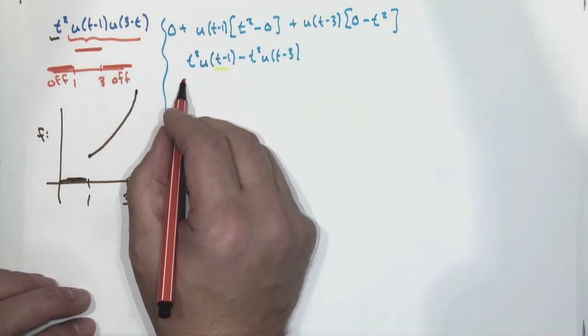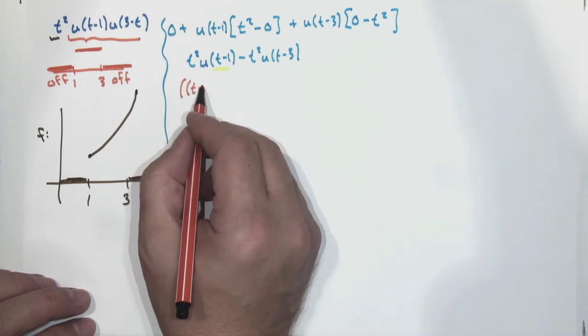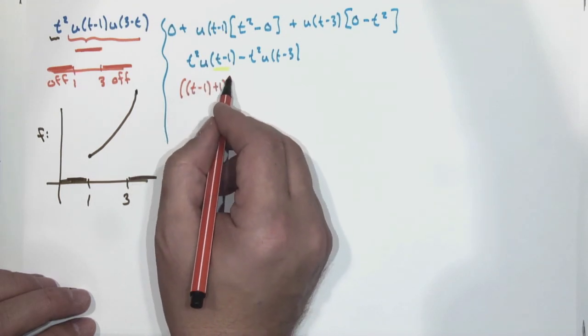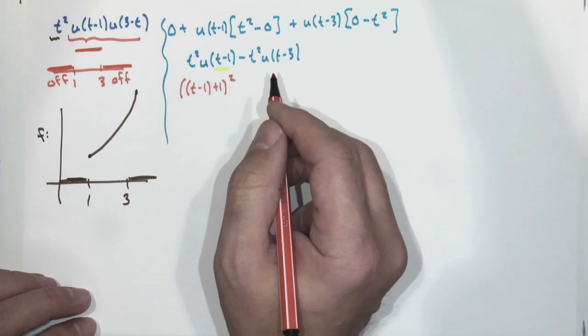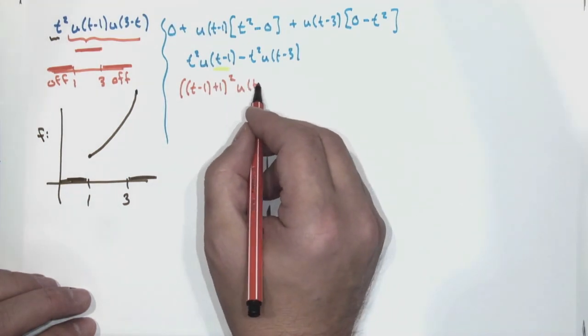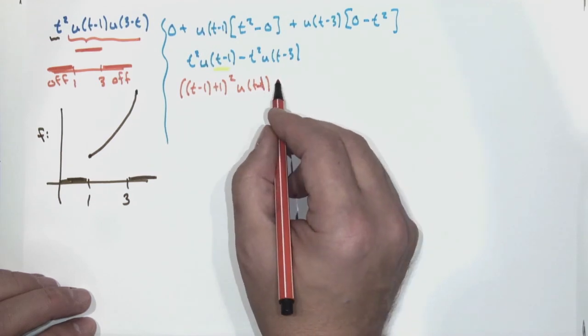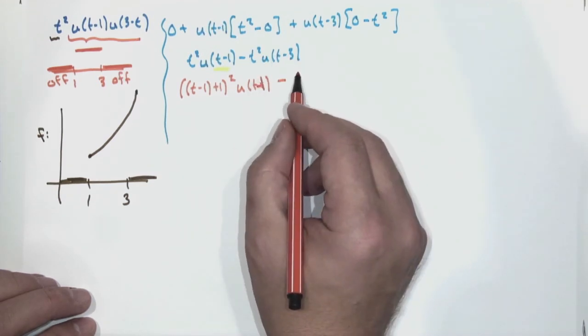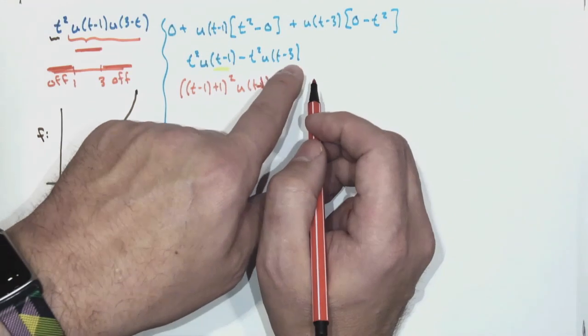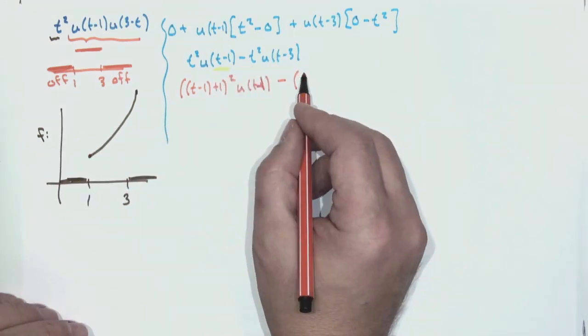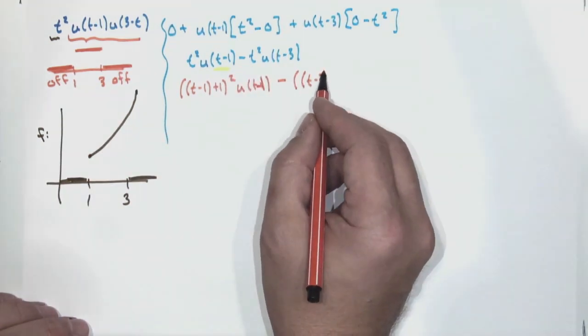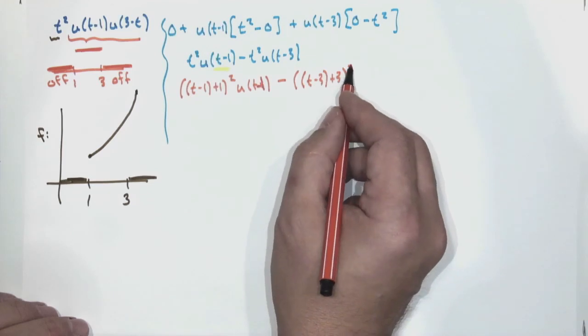Well, t squared is also the same as t minus 1 plus 1 squared. So u of t minus 1. And over here, t squared, in this case, we need t minus 3. So t minus 3 plus 3 squared.